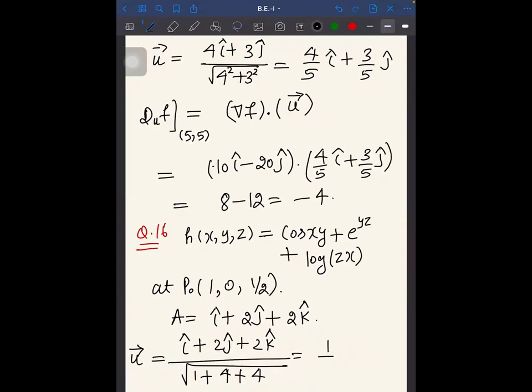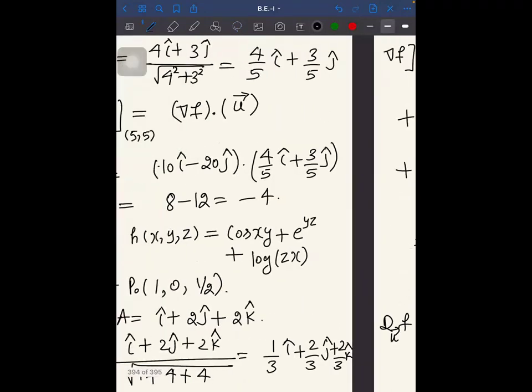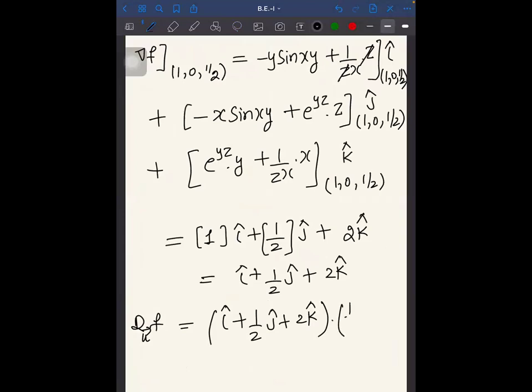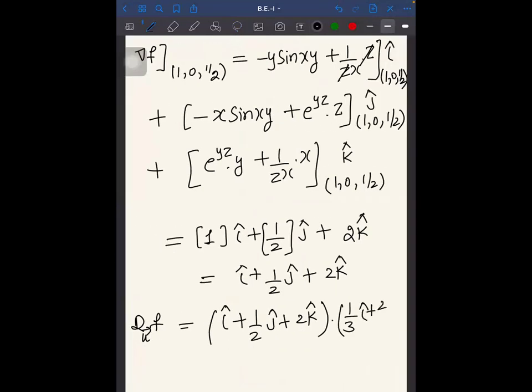So this is 1 by 3 i plus 2 by 3 j plus 2 by 3 k, right? Okay. So I'll take the dot product of these two things.